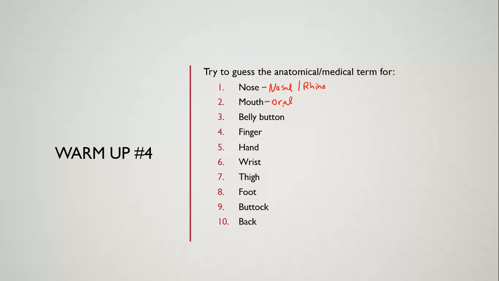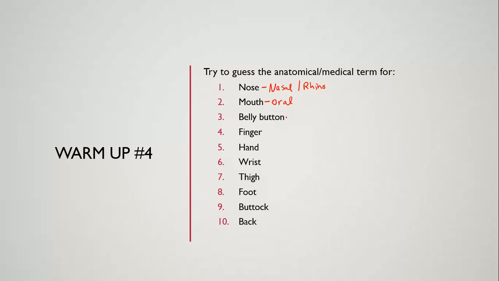And the reason why I'm ending these in AL is meaning related to. So you could have written nasus, but nasal means related to the nose. Nasus is the nose itself. So like you have nasal passageways, nasal congestion, oral cancer, oral hygiene.